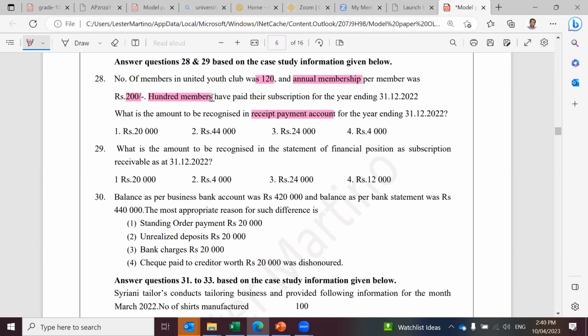So 100 members have been paid. They are asking for the receipt and payment account. What do you mean by receipt and payment account? All cash you received and all cash you paid will be recorded in the receipt and payment account, which is equivalent to the cash book. So how many members paid? 100 members paid, 200 each. So answer is 20,000.